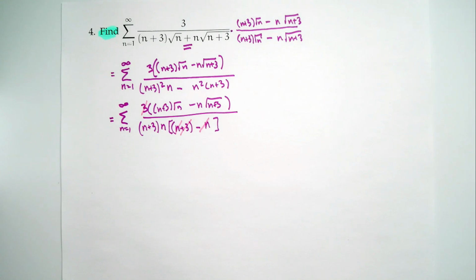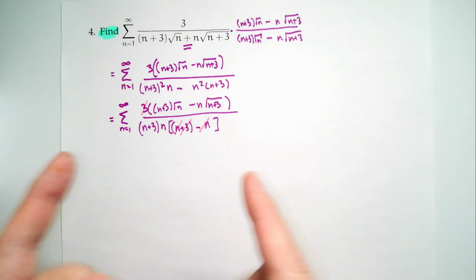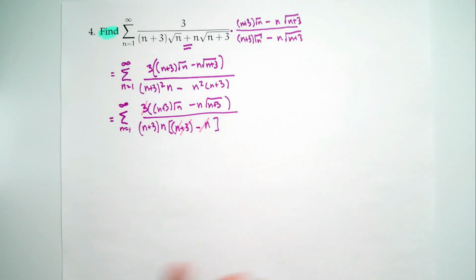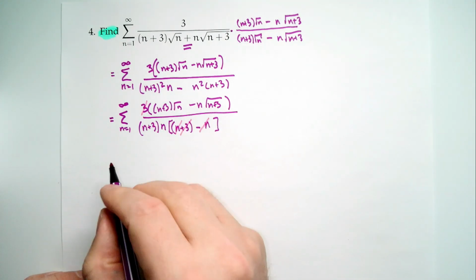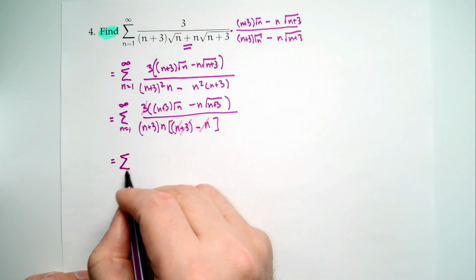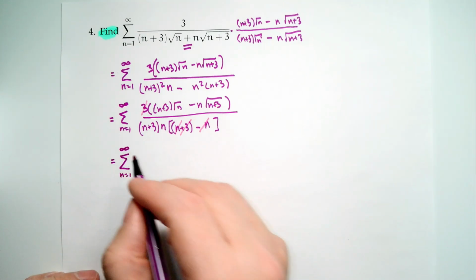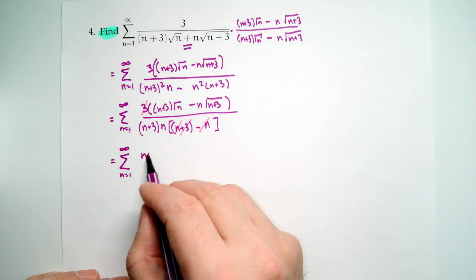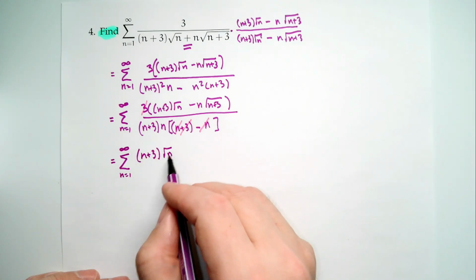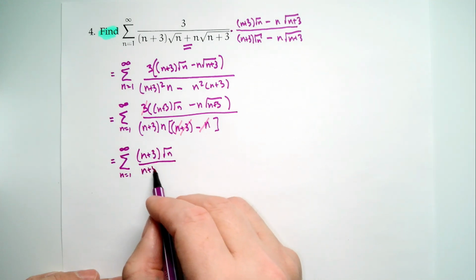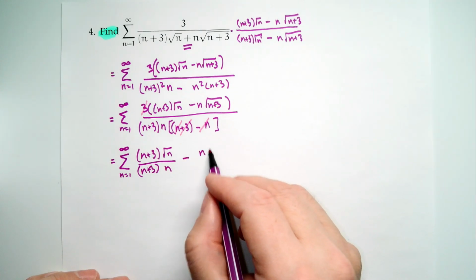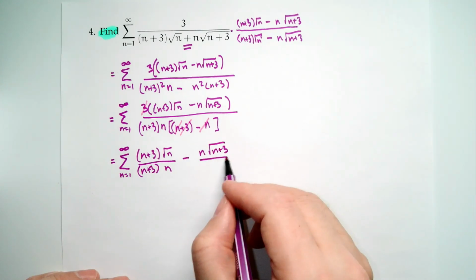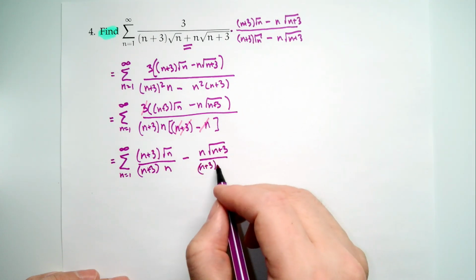Now, what do we want? Well, remember, our goal is to get a sum of something minus something. So we want to break this up as 2 terms. So let's break it up using this minus sign. So this is a summation, n equals 1 to infinity of n plus 3 times square root of n divided by n plus 3 times n, minus n square root of n plus 3 divided by n plus 3 times n.